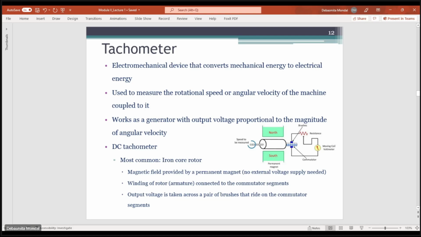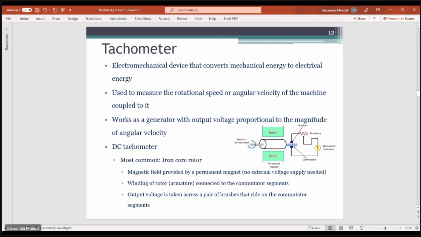The output of the tachometer is an electrical signal, that is, some electrical voltage, and the input is some rotational speed or angular velocity. So what the tachometer is doing is converting the angular velocity into a proportional output voltage. This is the main function of a tachometer.